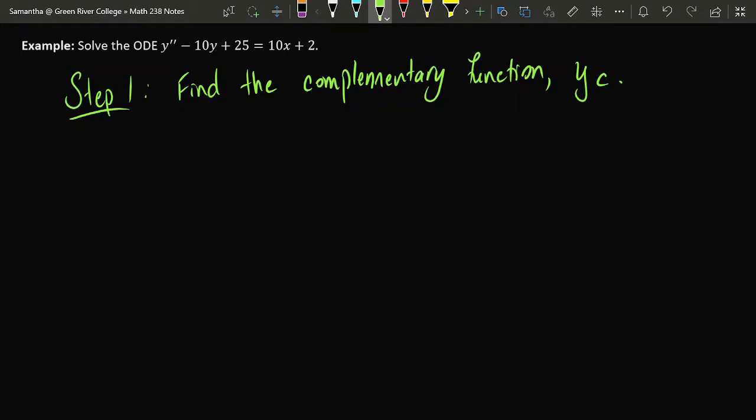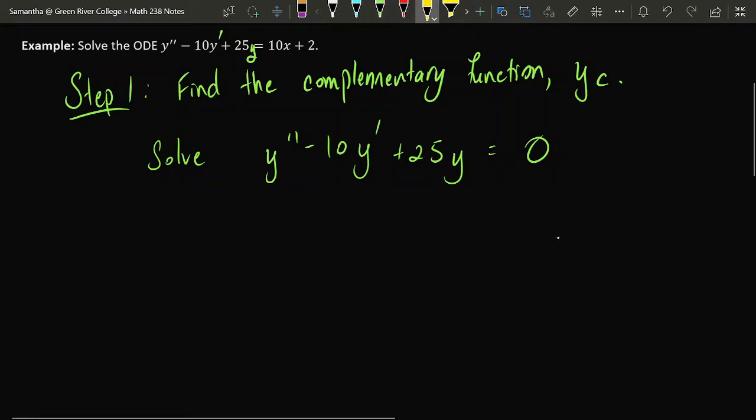Which means that I'm going to solve the differential equation that I get if I set the right-hand side, some typos here, if I set the right-hand side of this differential equation equal to 0. Now this differential equation has constant coefficients.